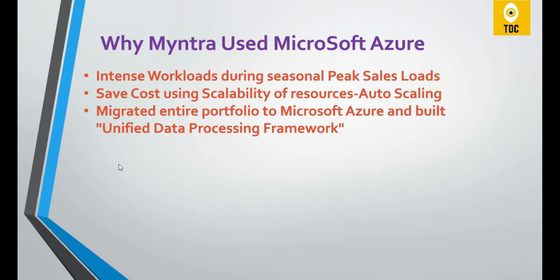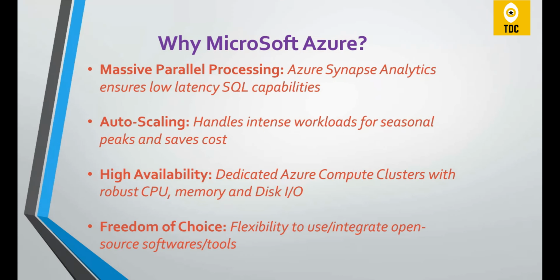In the next slide, let us understand why they have chosen Microsoft Azure. Definitely, they could have chosen AWS and GCP also, but they have chosen Microsoft Azure because of these reasons. You might question whether they could have chosen AWS also, which is very similar to this. But yes, it depends on the company, the tie-ups that they have with Microsoft Azure, and how the Microsoft sales team pitched to Myntra and was able to win the deal.